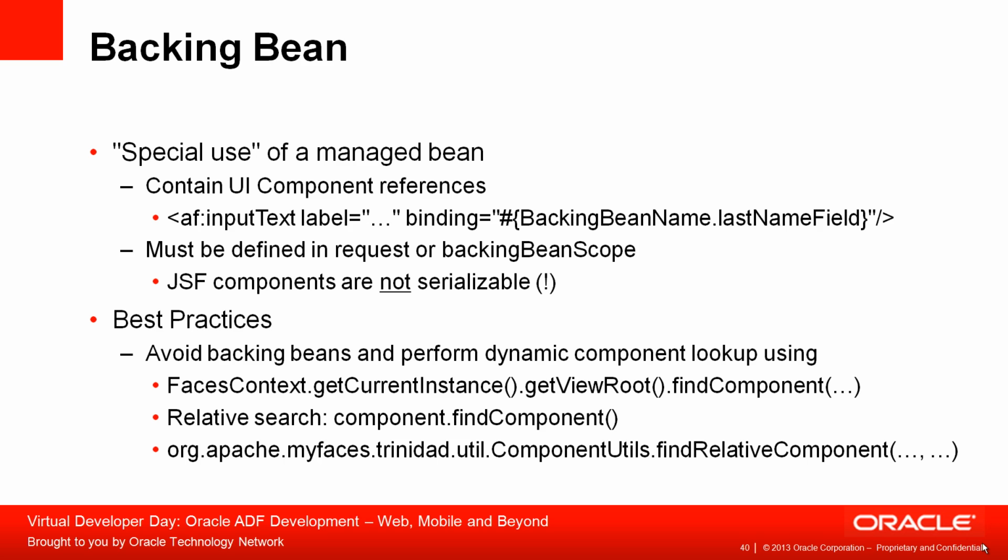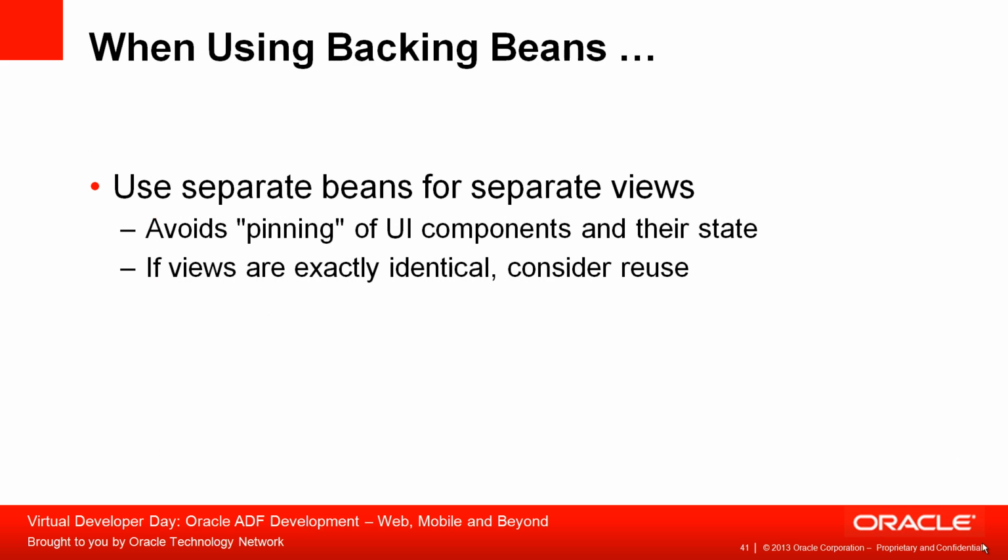You can have a relative search, so if I press a button and that button has an action event, then within an action listener I can call get UI component and have a handle now to the button, and from there I can call find component for all of the components that are relative to that button. Or you use the Apache MyFaces Trinidad ComponentUtils class, which has a find relative component method as well, which is performance optimized and a good recommendation to use instead of component bindings.